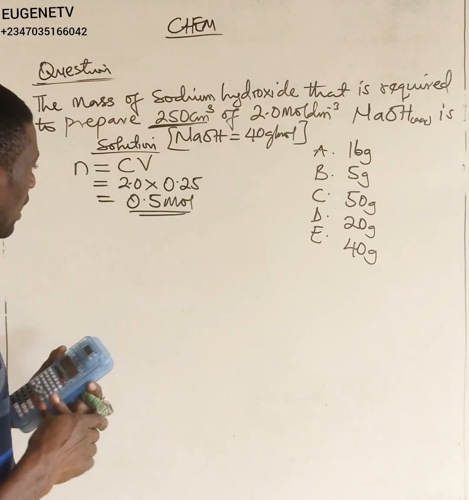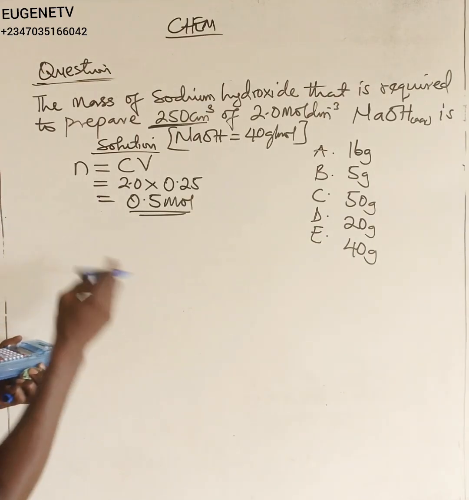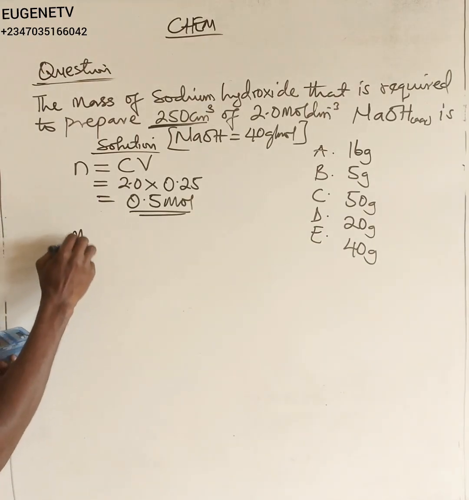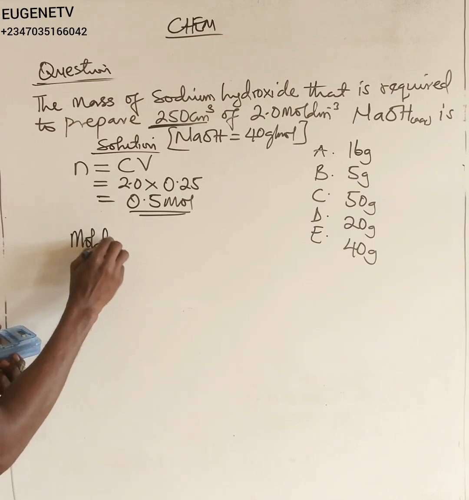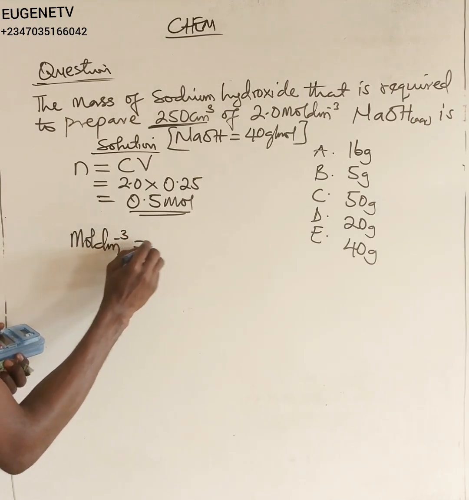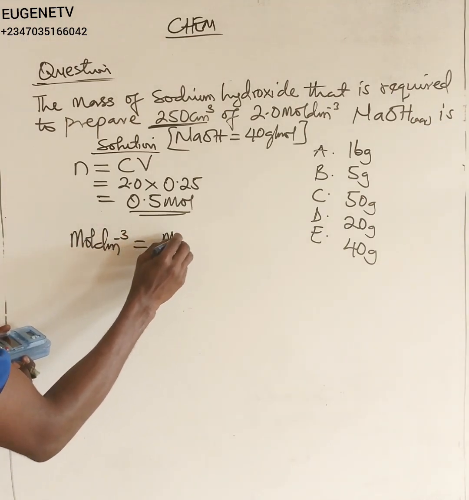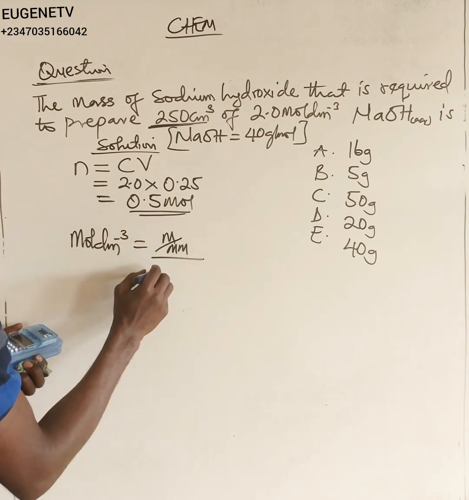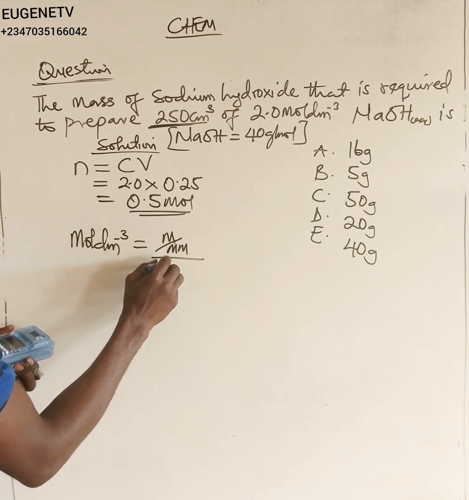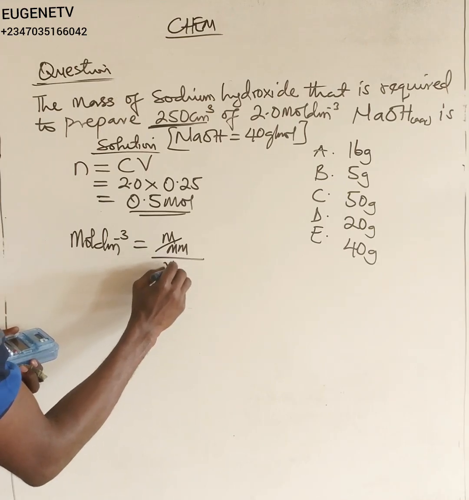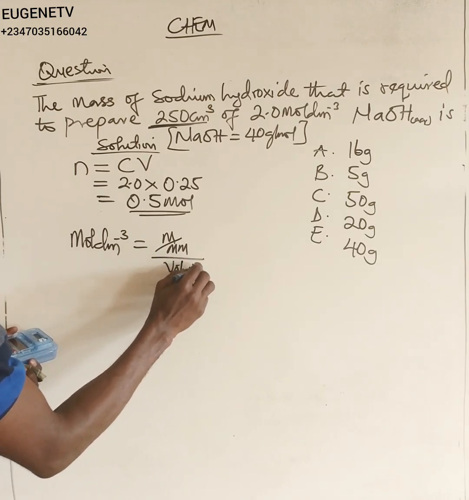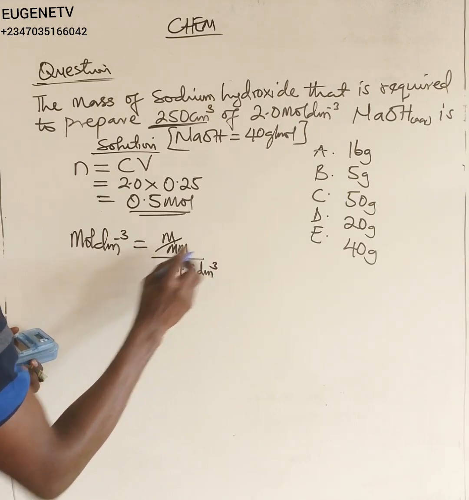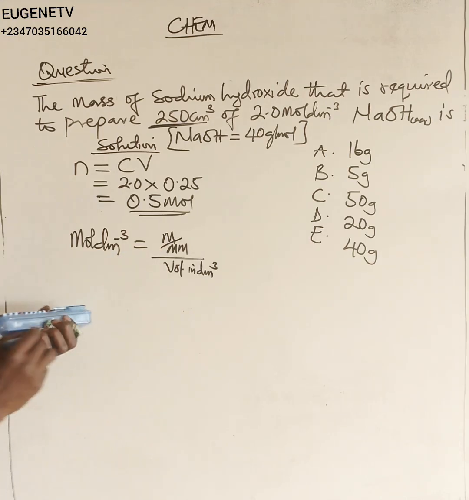We are going to apply this formula that says concentration in mole per dm³ is equal to mass all over molar mass divided by volume. And of course, that volume is in dm³.